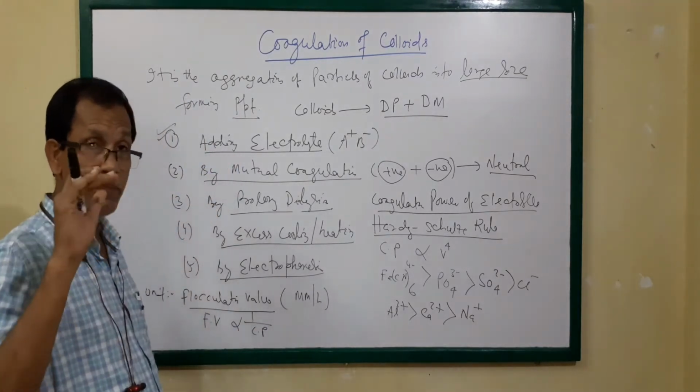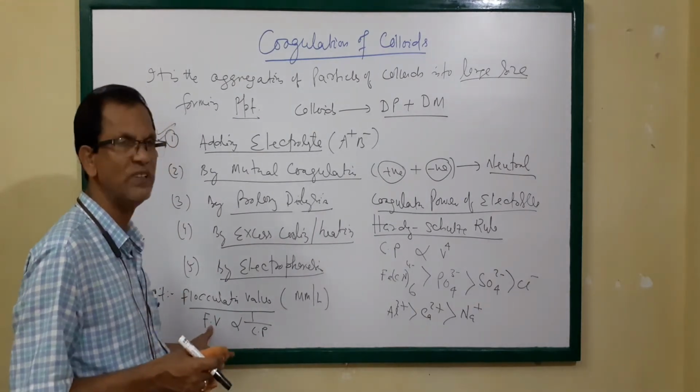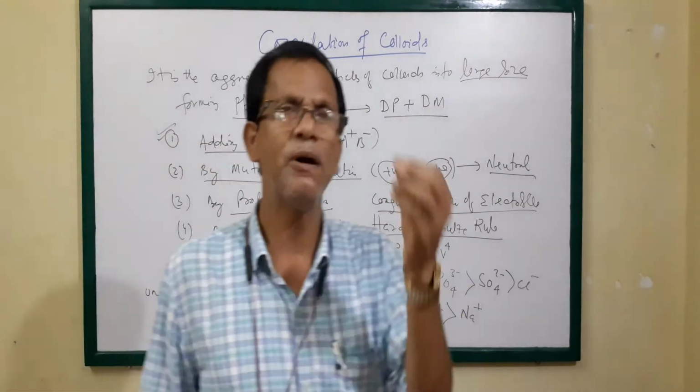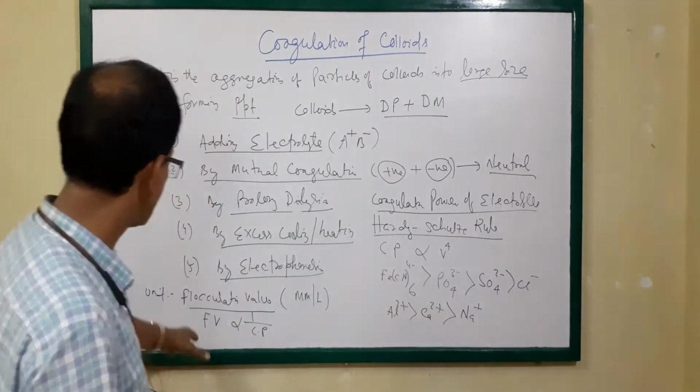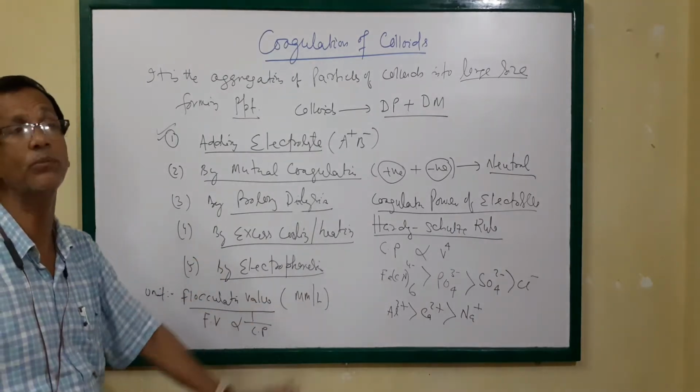If coagulation power is more, then flocculation value will be less, just the opposite. If power is more, less amount is required. If power is less, more amount is required. That's why flocculation value and coagulation power of an electrolyte are inversely related.